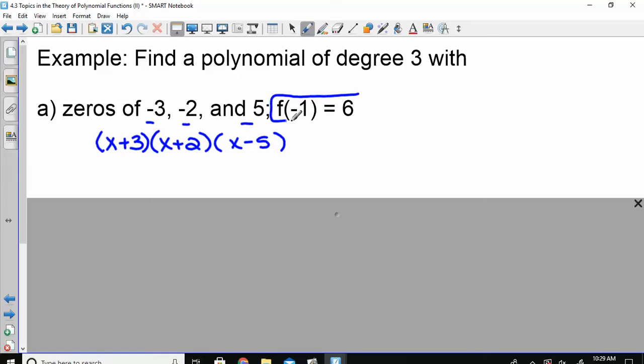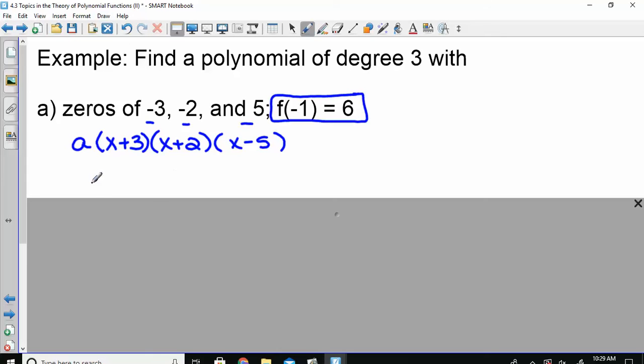Then I gave you something different. I said f of negative 1 equals 6. That means when I plug in negative 1 for all my x's, I have to get 6 for my answer. We can't have any other zeros, but what we could possibly have is some number out in front of all of this. So I could have some coefficient here.